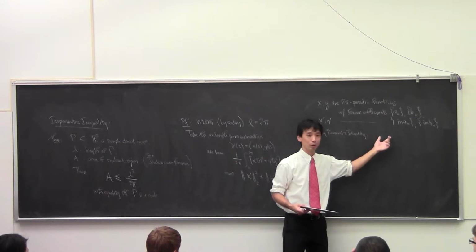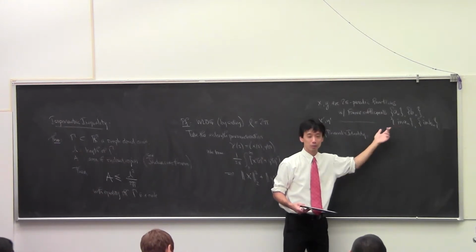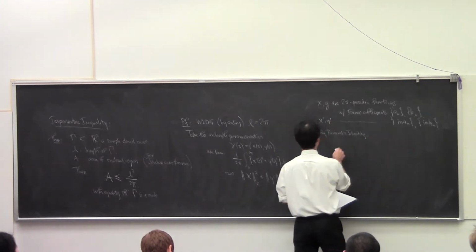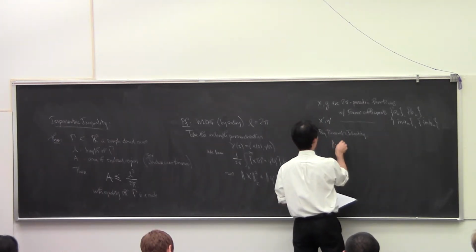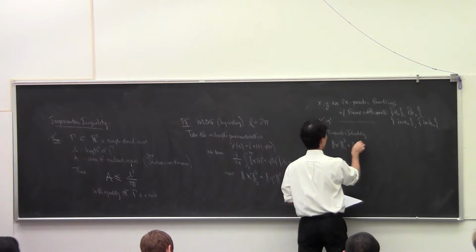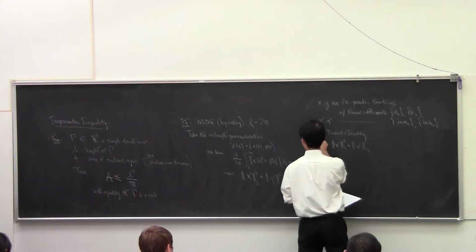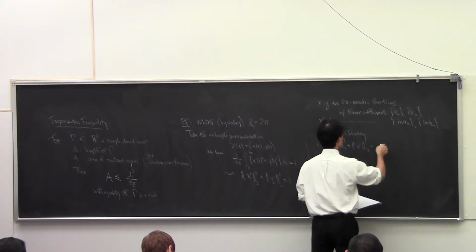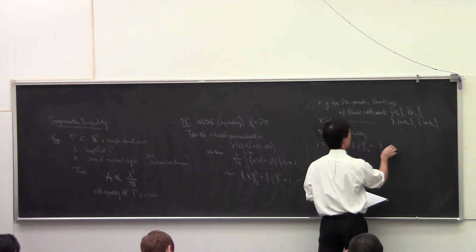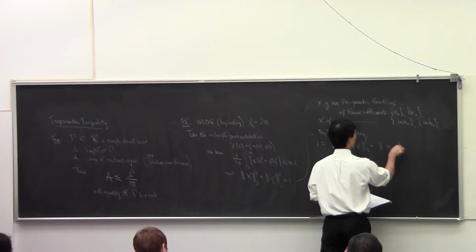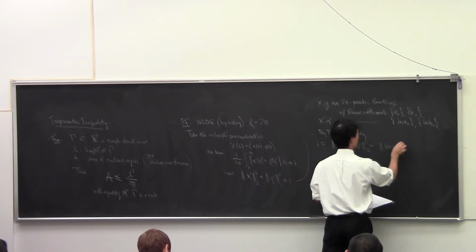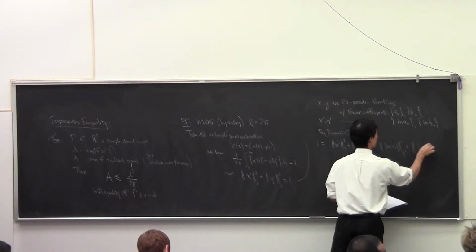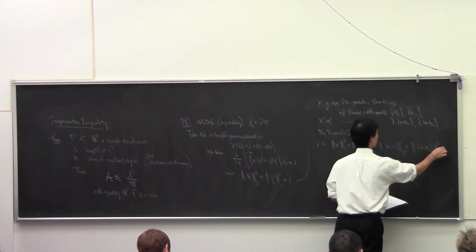It's the little l2 norm of the sequence squared. So this thing turns into the corresponding thing for the little l2 norm. So we have the sequence i n a n in little l2 squared, plus i n b n in little l2 squared.